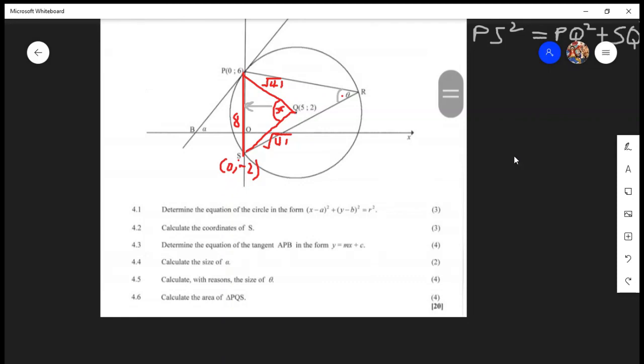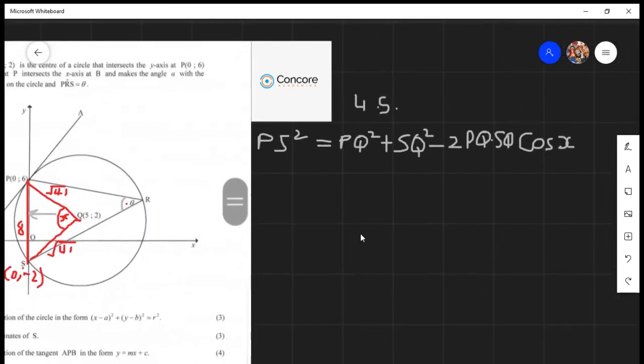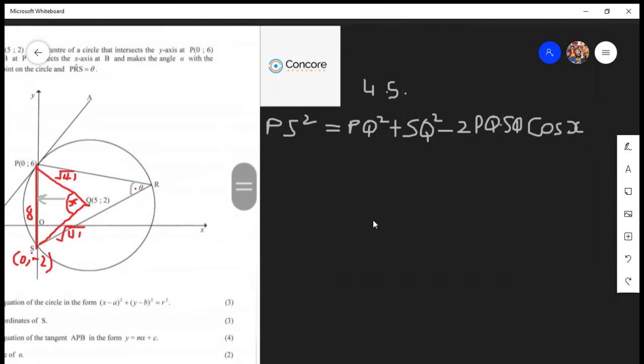So in order to get theta, my approach is to first calculate angle PQS, which I made angle X. Should I continue using angle X, or do you want me to use angle PQS? Is there anyone who doesn't understand that I made angle X angle PQS?